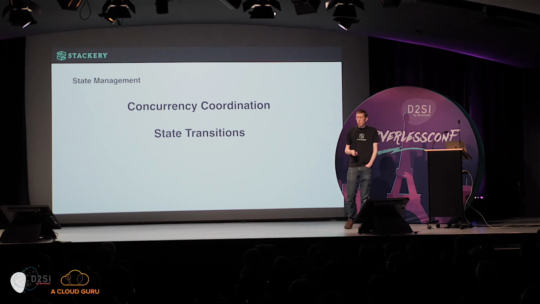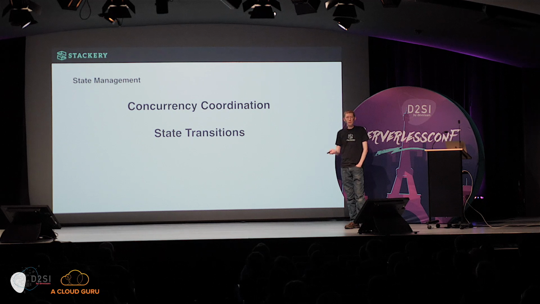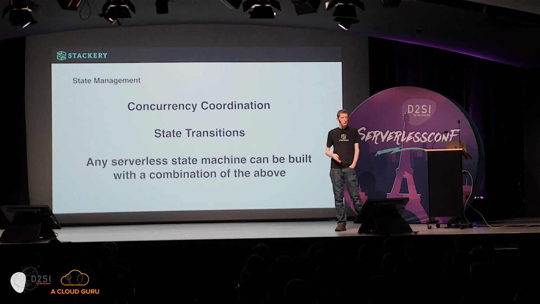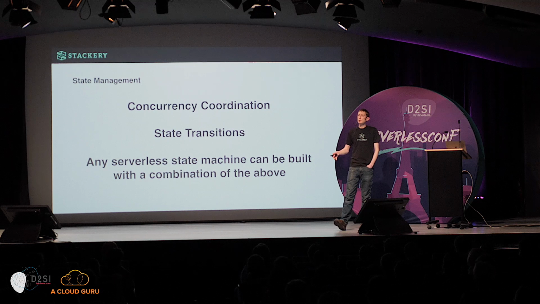You also need support for state transitions itself, the ability for a function to know what part it is in the entire system and how to decide what is the next state to invoke and how do I invoke it. If we have these two capabilities, we can implement any sort of state machine logic in a serverless application.